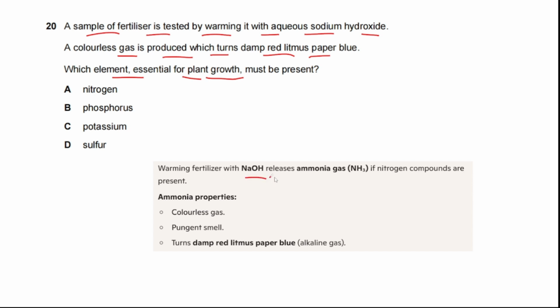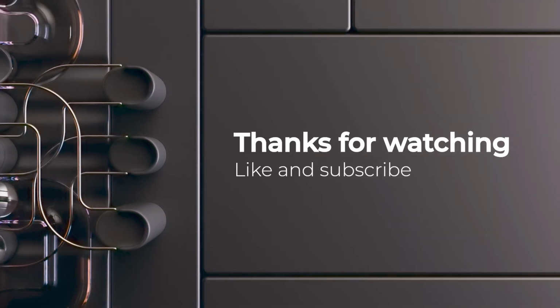Warming the fertilizer with sodium hydroxide will release ammonia gas. Ammonia is colorless, has a pungent smell, and is an alkaline gas, so it will change the red litmus paper to blue. So here you are getting ammonia, which is a nitrogen compound, so the correct option will be nitrogen, which is option A.